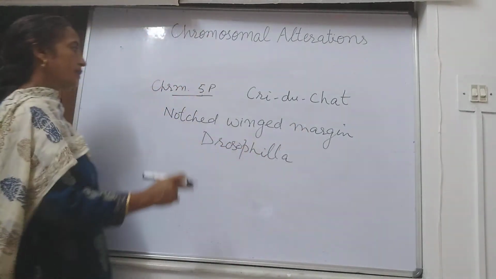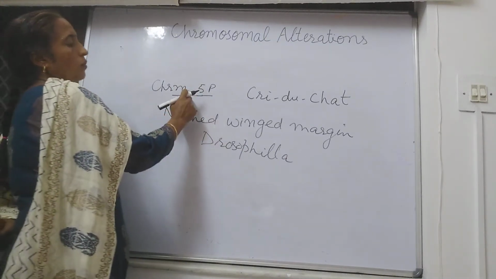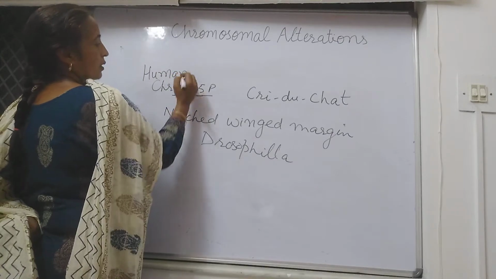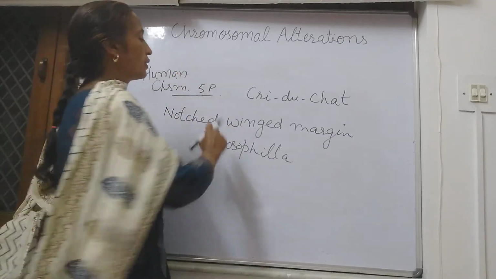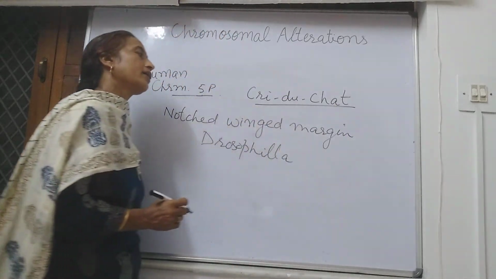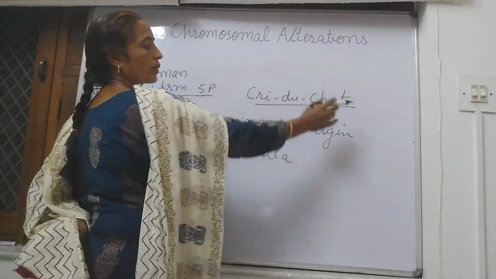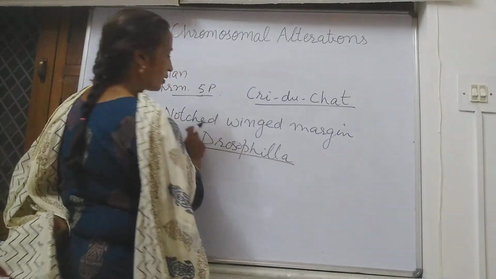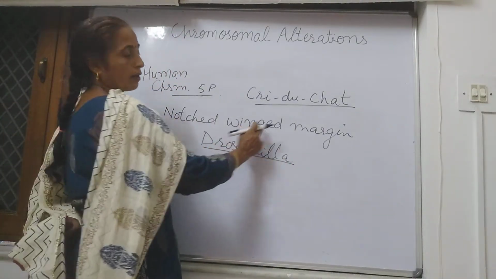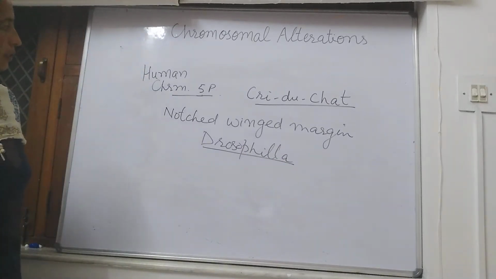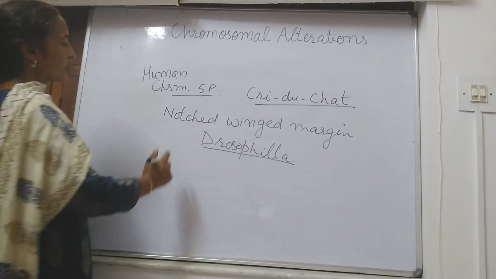What are the effects? First of all, in human chromosome 5, there is a deletion and the child cries like a cat, causing cri du chat. In Drosophila, notched wing margins are also due to deletion.